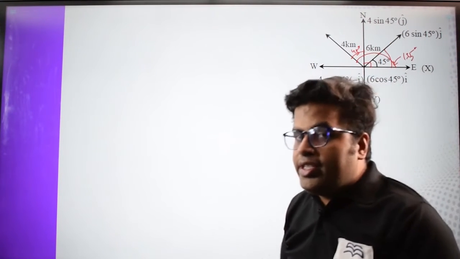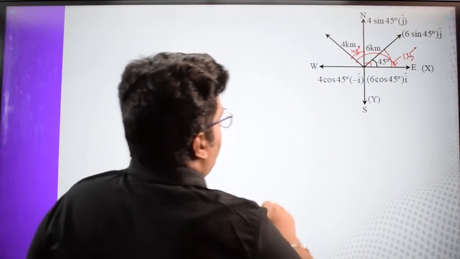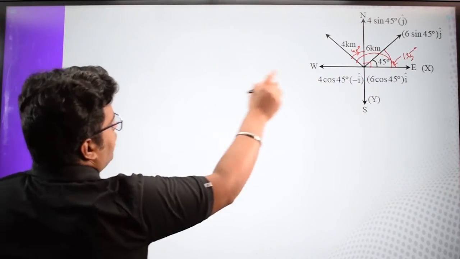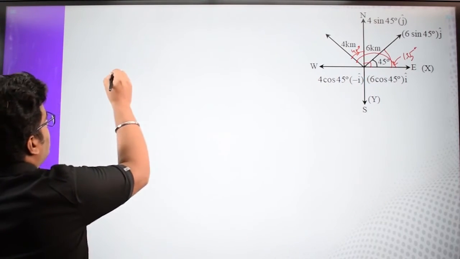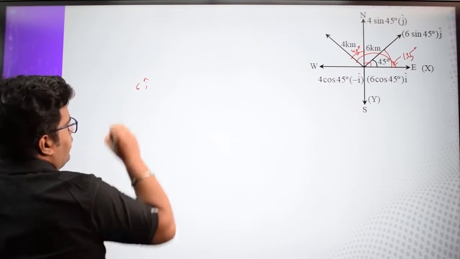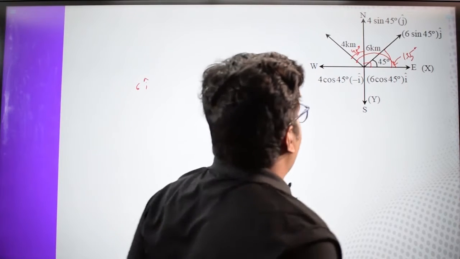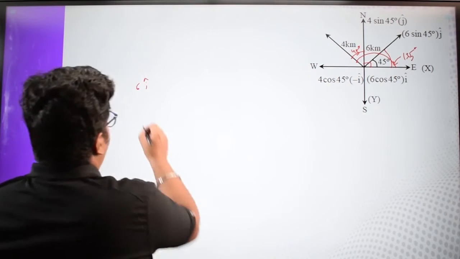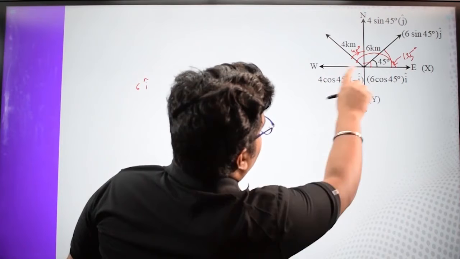That is, we are going to take its component. So what we will have along the x-axis, if we say for 6 kilometer displacement, so we'll have the vector as what? 6 i cap, right? In fact, it will be not 6 i cap, it will be exactly your 6 cos 45.